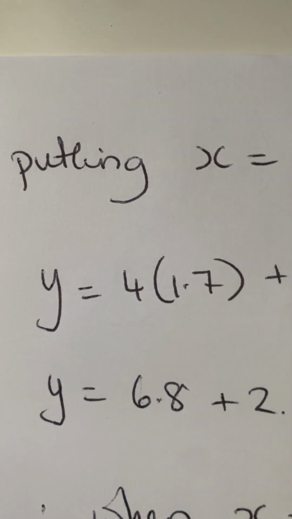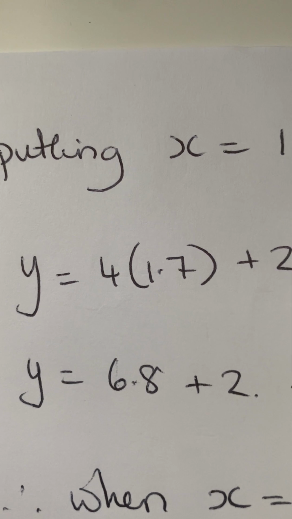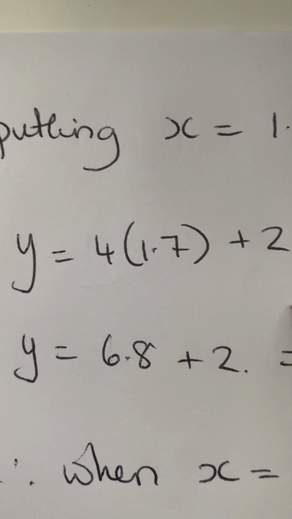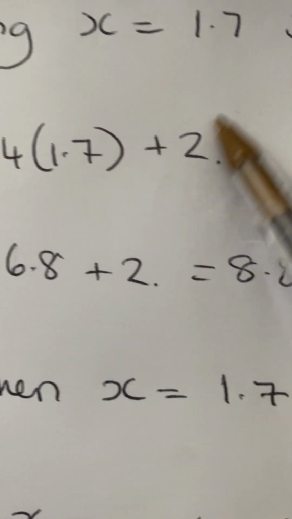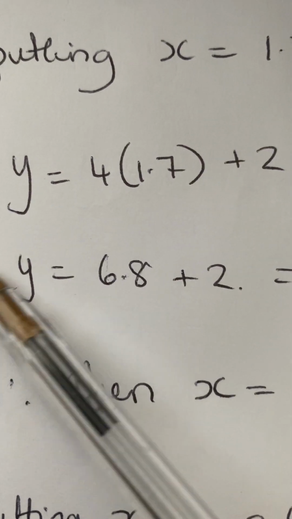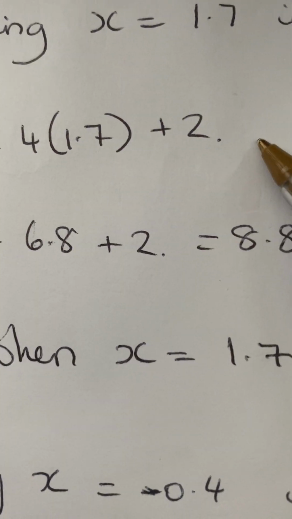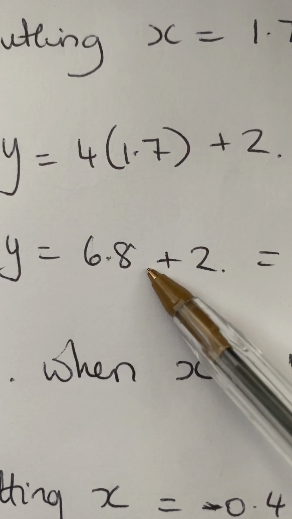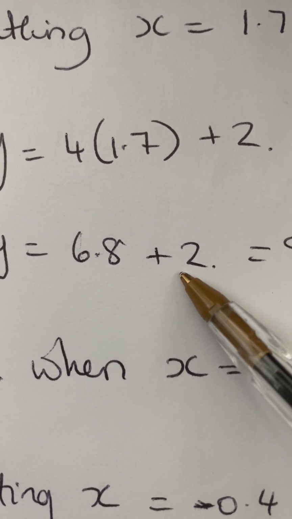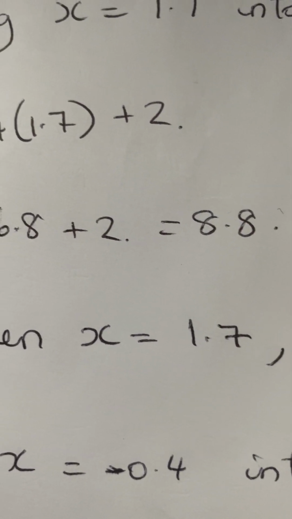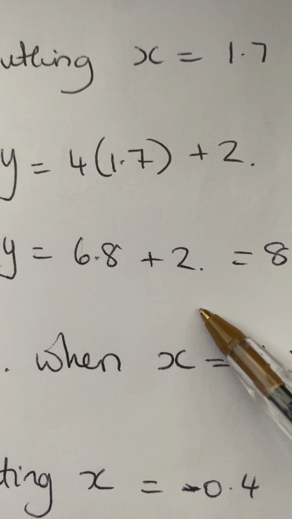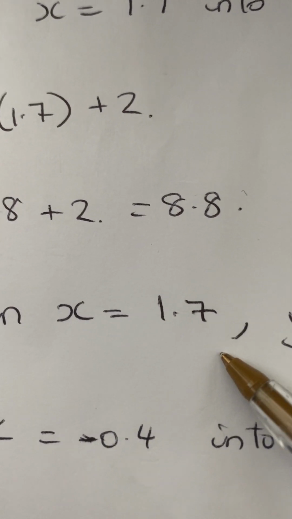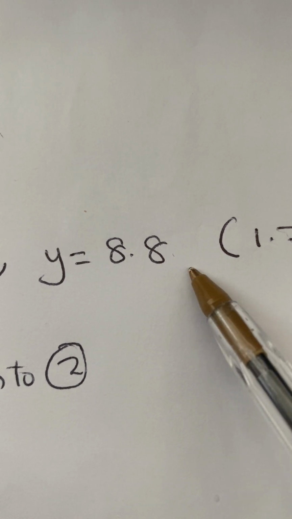If I want to go further and find the coordinates, I put x back into one of the equations I was given. So I put it back in the straight line. So y equals 4 times 1.7 plus 2, so y will be 6.8 plus 2. Remember, this is a calculator paper, so you can use your calculator. So y will be 8.8. When x is 1.7, y will be 8.8.